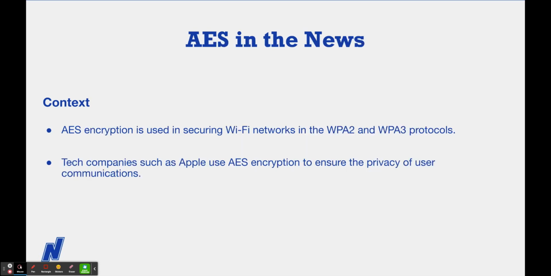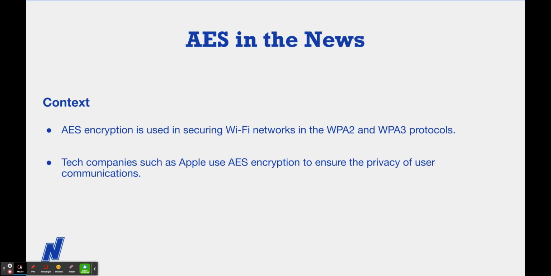AES consistently appears in the news and discussion related to data security, encryption, and privacy. One key area where AES plays a vital role is in securing Wi-Fi networks. The WPA2 protocol, which is widely used for securing Wi-Fi, as of the last update in 2021, employs AES encryption.